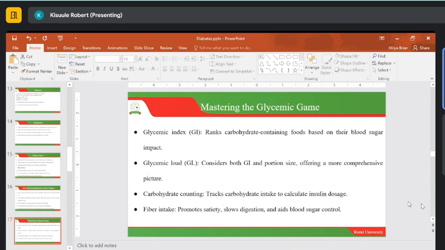For fiber intake, let's promote satiety and also slow down the digestion, which aids blood sugar control. We all know that fiber intake brings this pseudo satiety. An individual will feel satisfied even if they are not. And what does fiber have? In most cases, fiber doesn't have calories in it.